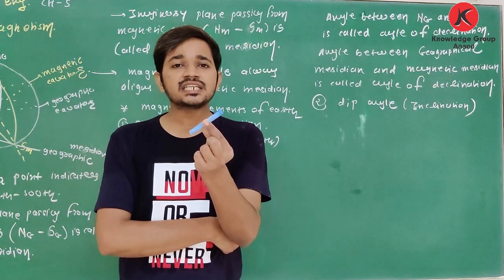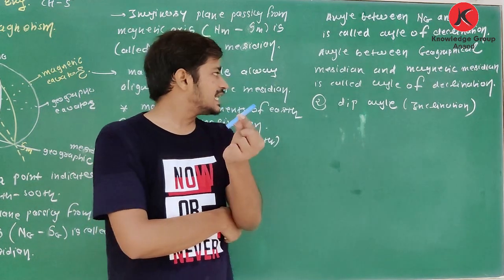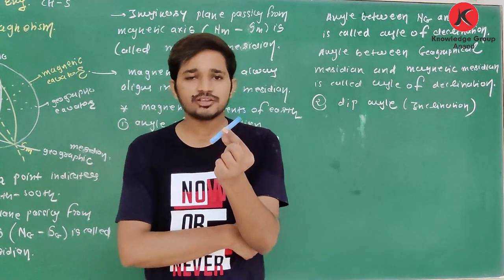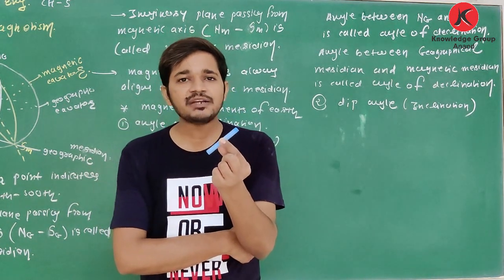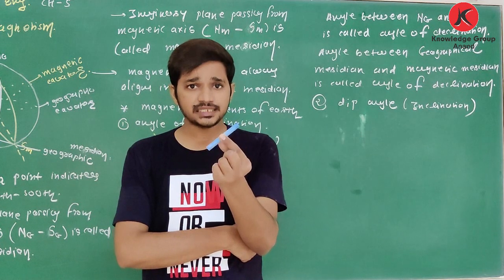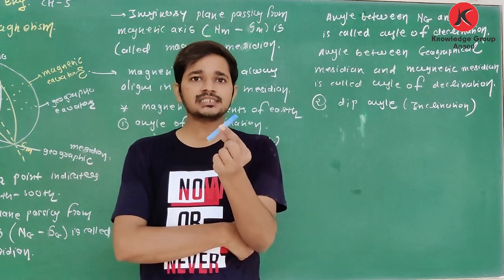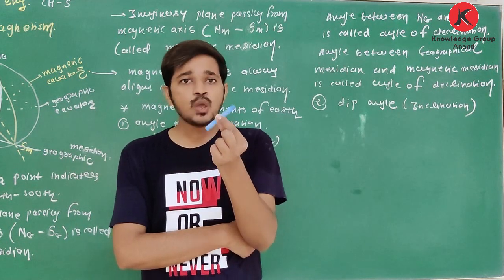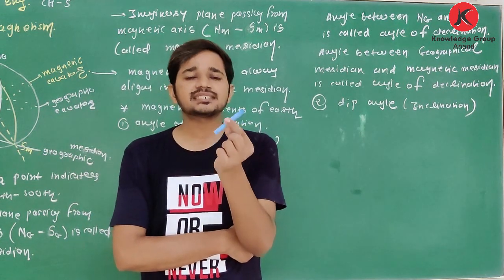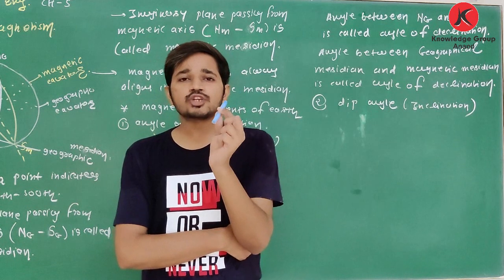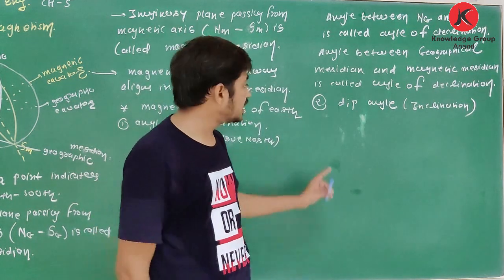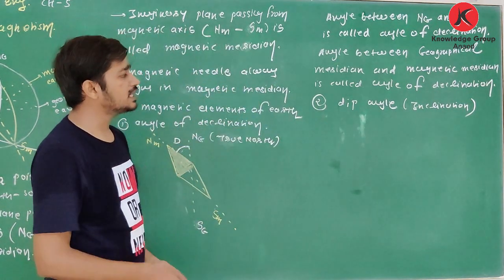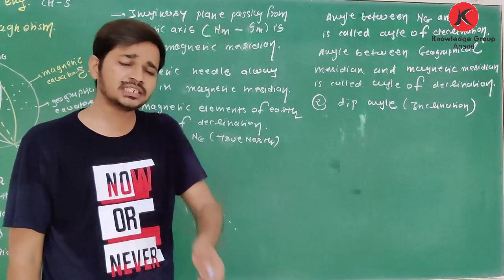It is inclined with horizontal. So this is called inclination. When a magnetic needle makes some angle up or down with horizontal, it is called the angle of dip or inclination angle.